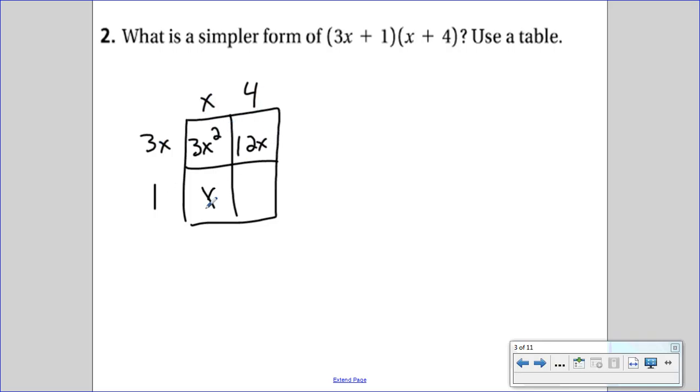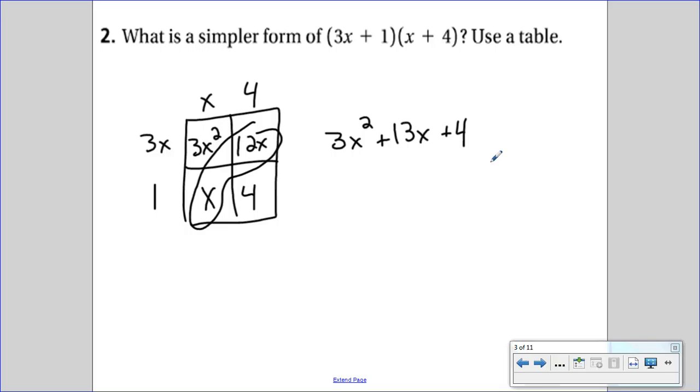X times 1 is just x. 1 times 4 is 4. These are combined. This goes first, 3x squared. 12x plus 1x is 13x plus 4. And that is multiplying binomials using the table method. Again, be comfortable with it. It will have some use for us later on.